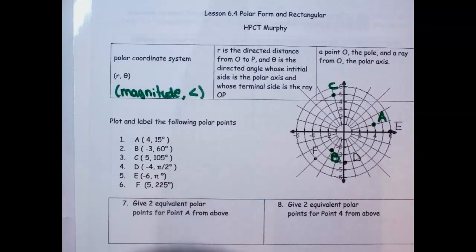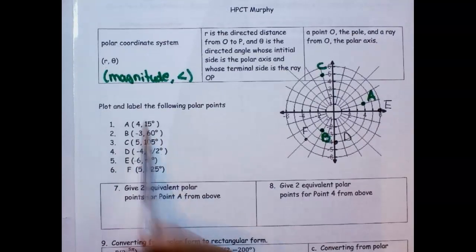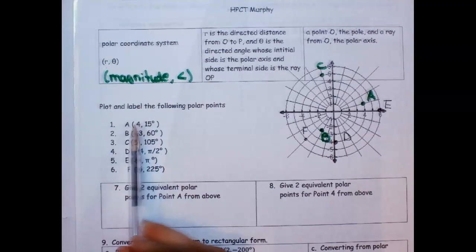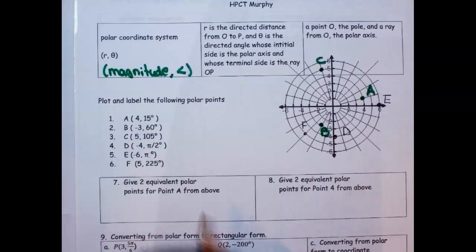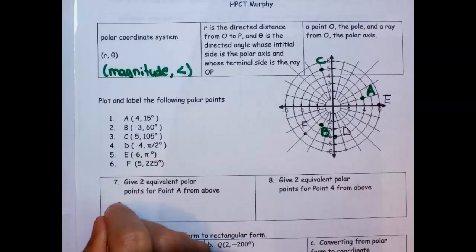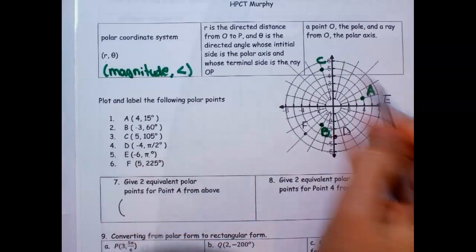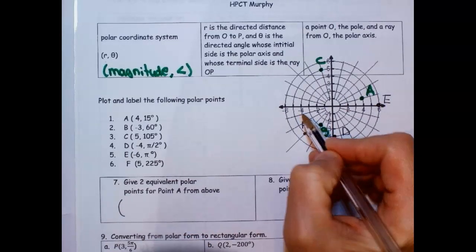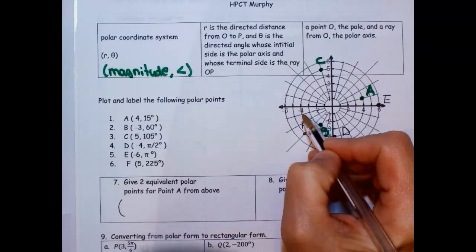Now, they want us to give 2 more equivalent polar points from point A. So 2 other points that get me at that same location, but they're not 4, 15. One way I could do this is we could go all the way to here and then go a negative magnitude. All the way to here would be 15 degrees beyond 180.